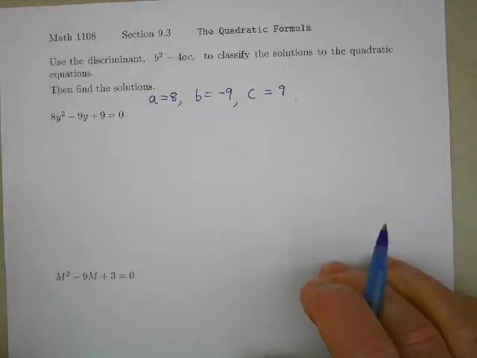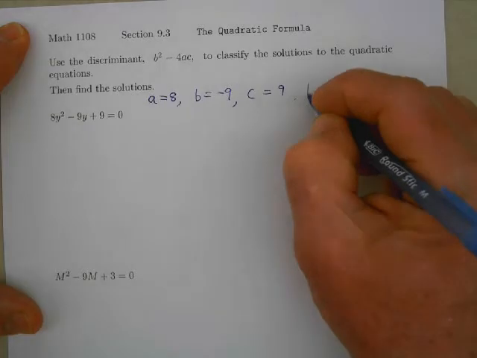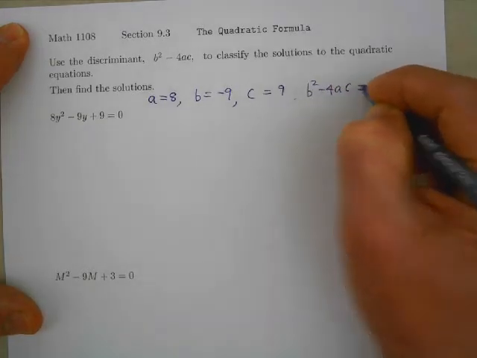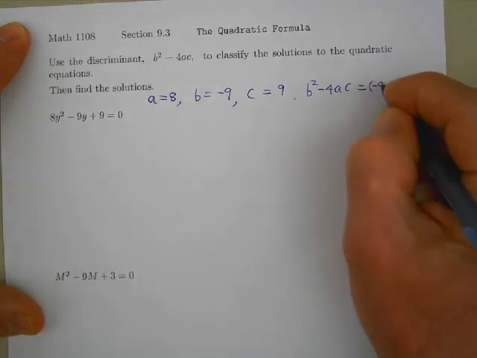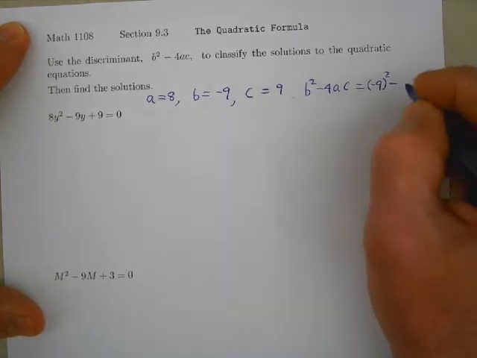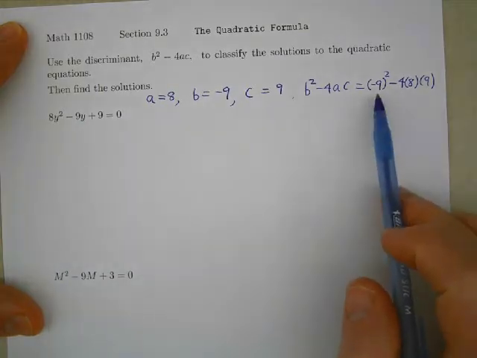And so the discriminant, b to the second minus 4ac, is negative 9 squared minus 4 times 8 times 9. And then we just do the arithmetic.